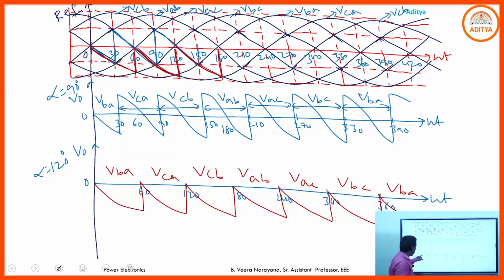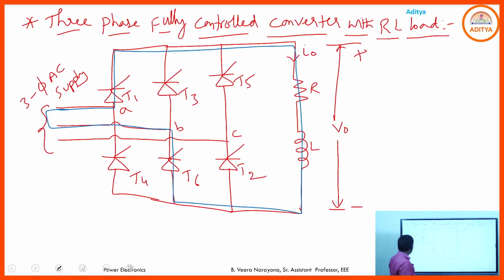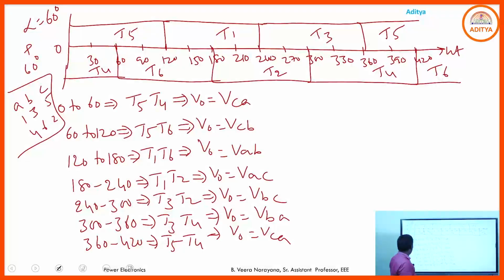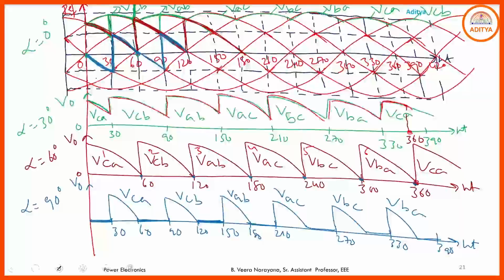Here the output voltage waveform simply represents negative pulses, out and out negative pulses. Then what is the meaning? Here some energy is transmitted from load to the source. If you go through these output voltage waveforms, as long as alpha lies between 0 to 90, you have only positive output voltage.